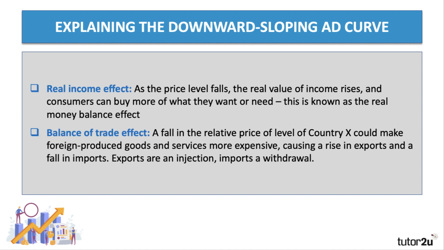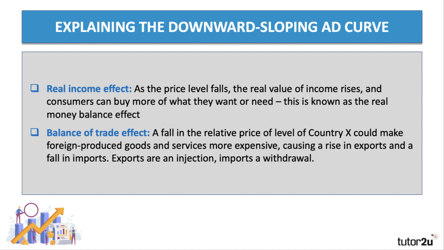The second effect relates to the export sector. We call it the balance of trade effect. So if this country's prices, let's say this is the UK, country X, if our prices fall relative to other countries, that could make overseas produced goods and services more expensive in relative terms, causing British firms to sell more goods and services overseas.